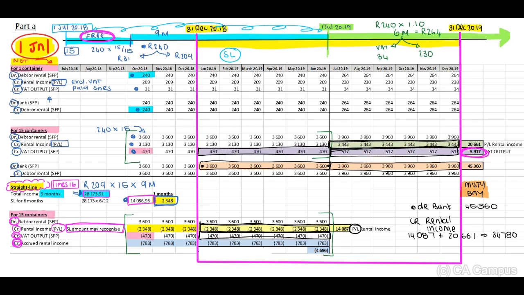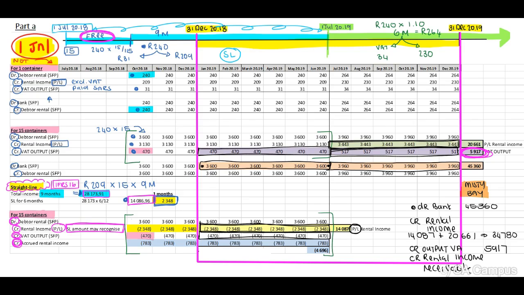Look at the right side of your screen. Okay. Therefore, we will have to credit our output VAT with 5917, and we will have to credit our rental income receivable with a balancing figure.